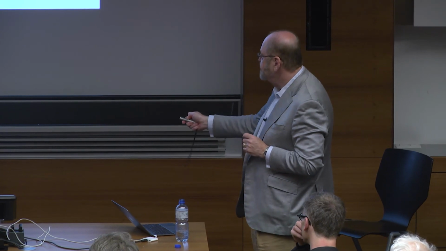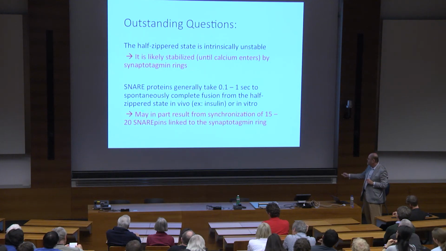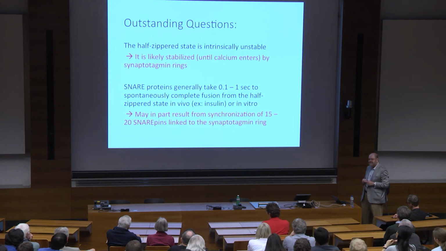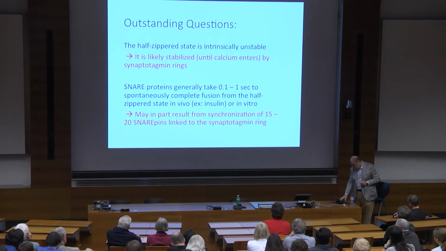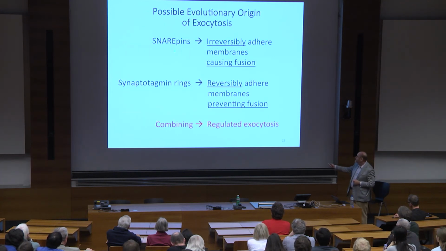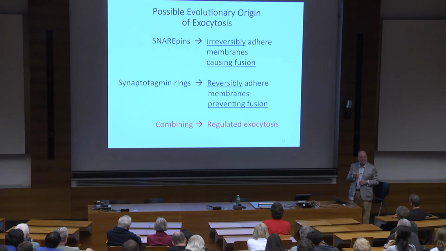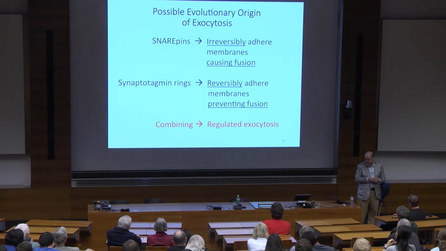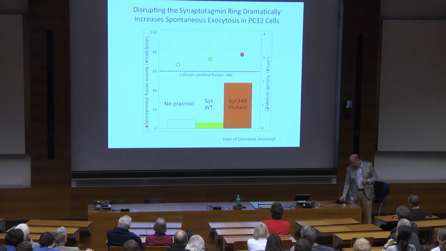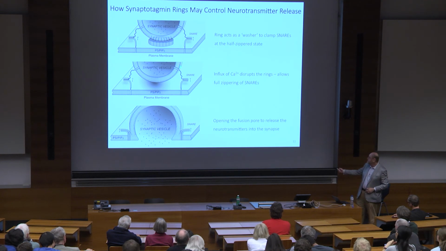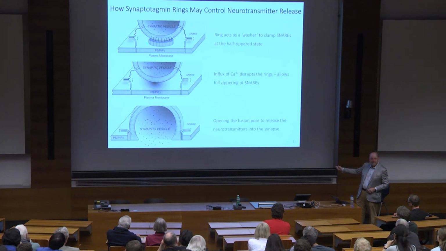But I would also suggest that part of the answer may come from the fact that a ring is likely to engage and recruit as many as 15 to 20 SNAREpins. Now, when I suggested this very simple evolutionary model, that assumes that there's no adhesion between the SNAREs and the synaptotagmins, right? In the simplest world, the ring and the SNAREs completely ignore each other, and that might be enough to prevent these guys from powering through and fusing.